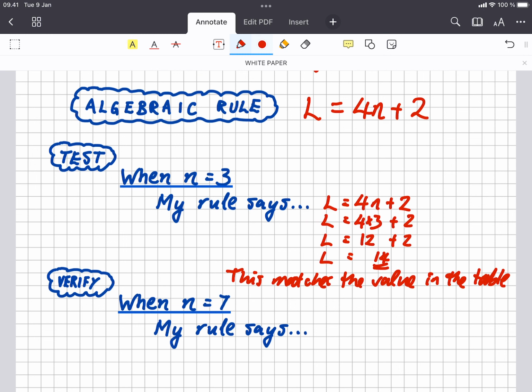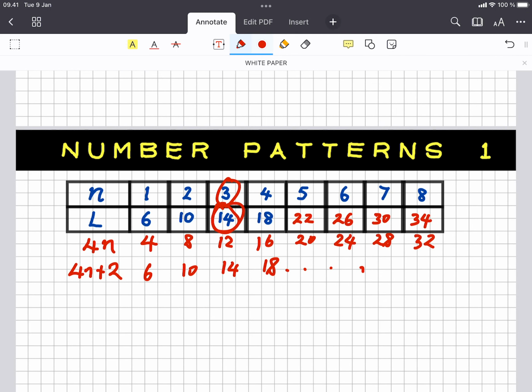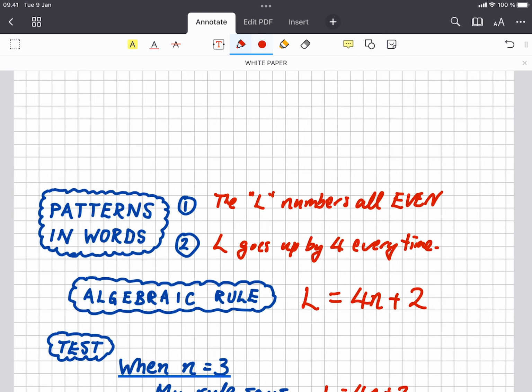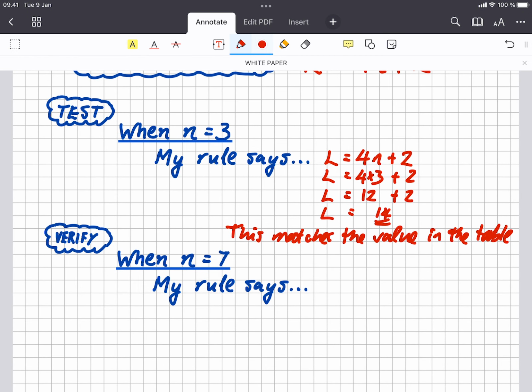And then verifying is doing almost exactly the same thing, but just for one of the higher up values in the table where you made a prediction for what should go in the box. So for example, when n equals 7, my rule says L equals 4n plus 2 equals 4 times 7 plus 2 equals 28 plus 2.